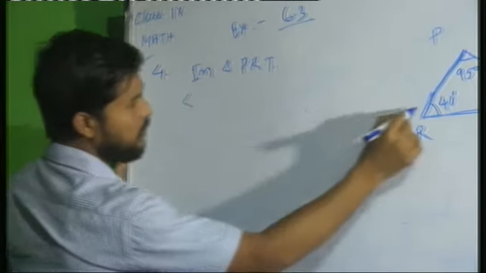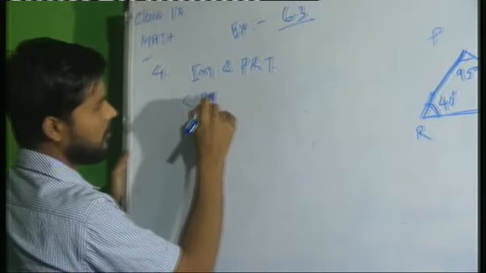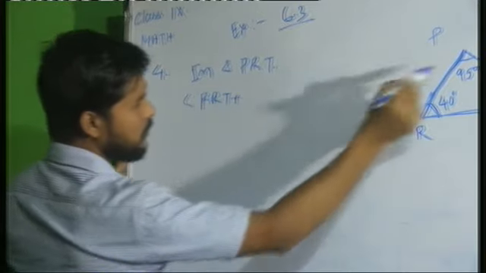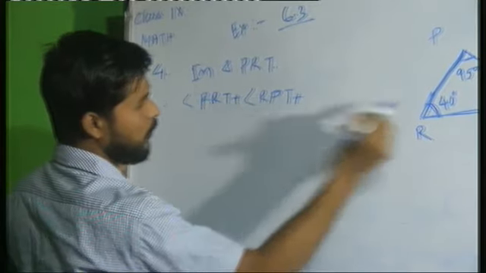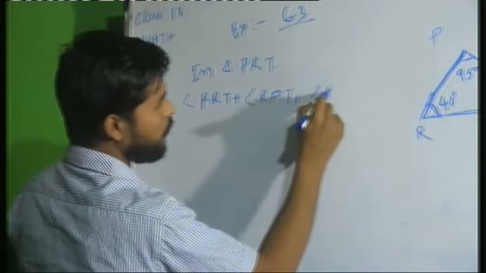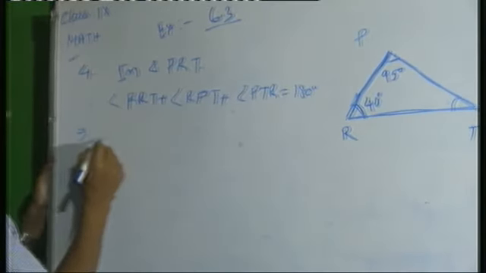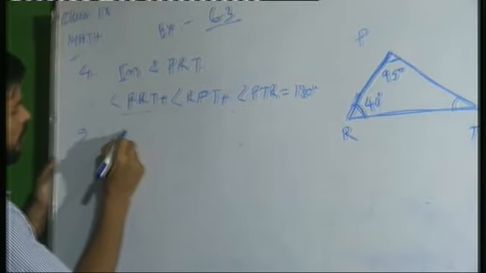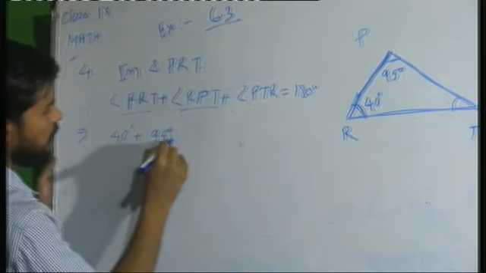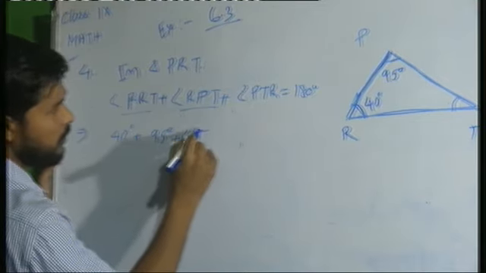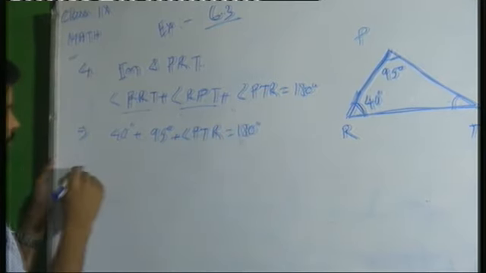So this angle, angle PRT, plus this angle, that is RPT, plus this angle, that is PTR, is equal to 180 degrees. That means this angle is equal to 40 degrees plus this angle is equal to 95 degrees plus angle PTR is equal to 180 degrees.